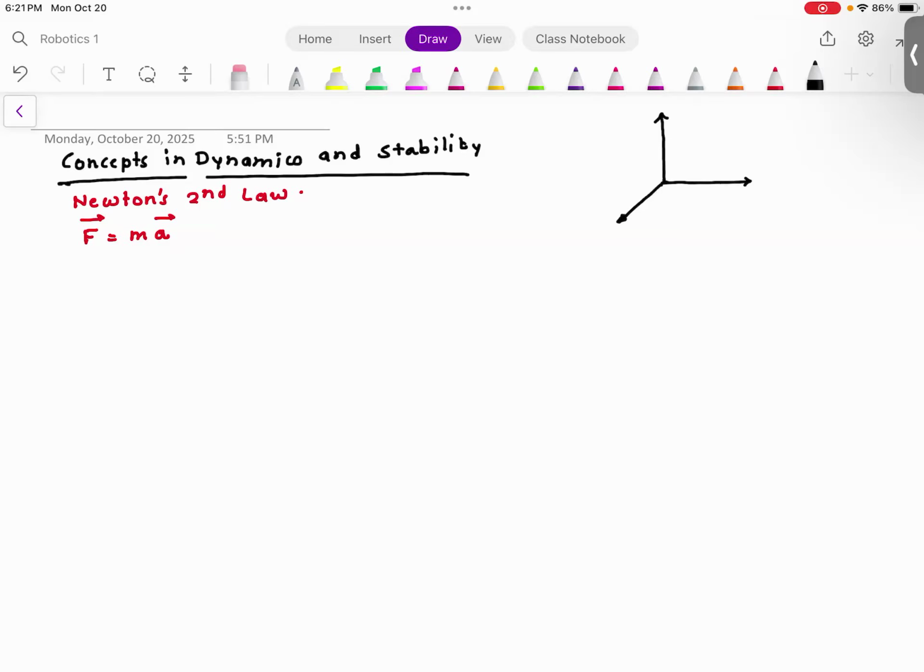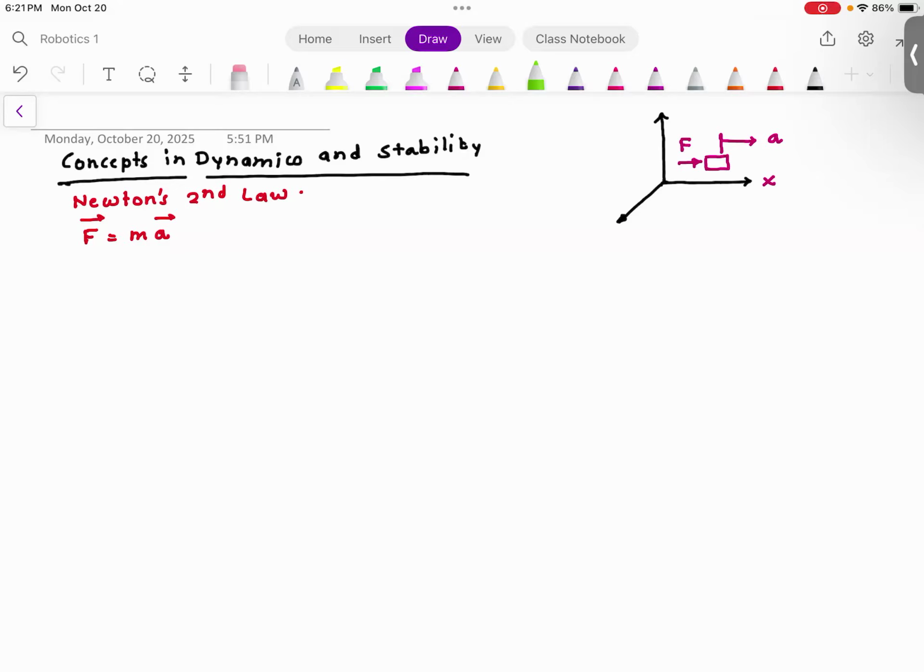What does it mean? It means that if you have an object, and the force acting on the object is F, which is in the same direction as the positive x-axis, this force is positive. Now, if this mass accelerates in the same direction as the positive x-axis, this acceleration is positive.